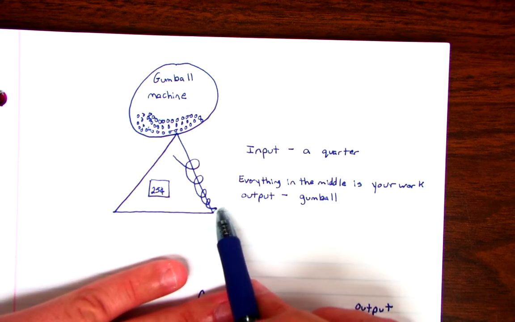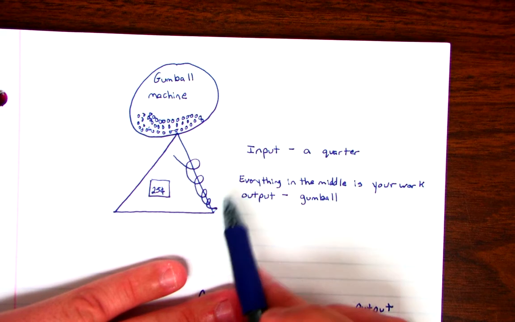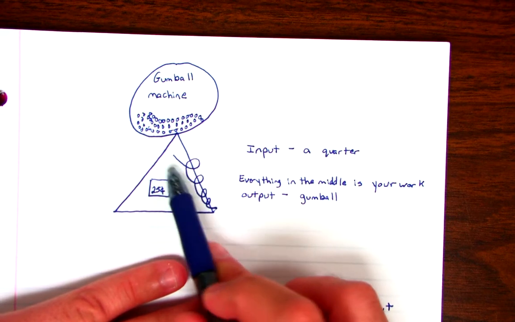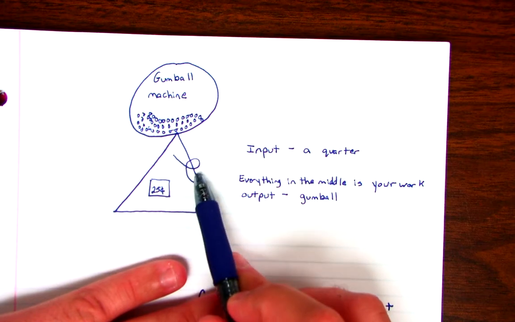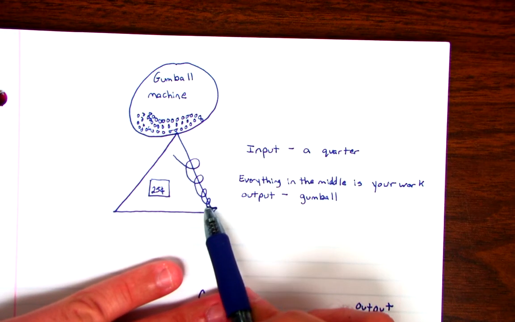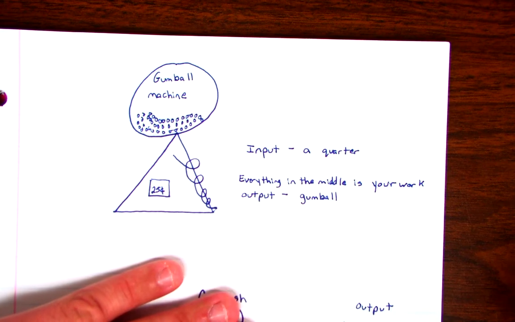The output is, you get a gumball. So the input is the quarter. Everything in the middle, you twisting the knob and the gumball coming down, is known as the work. The output is, again, your gumball.